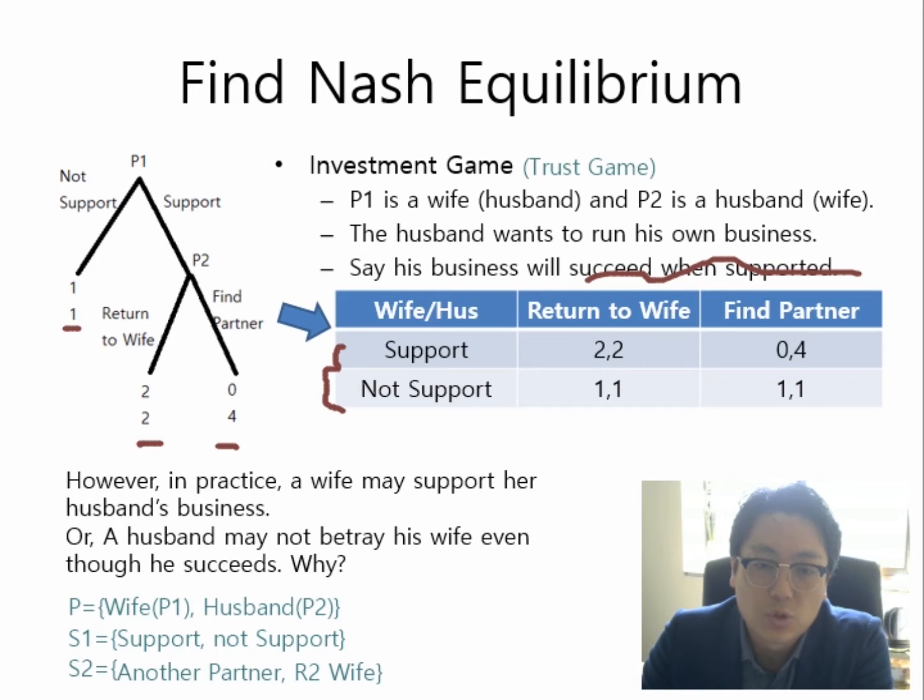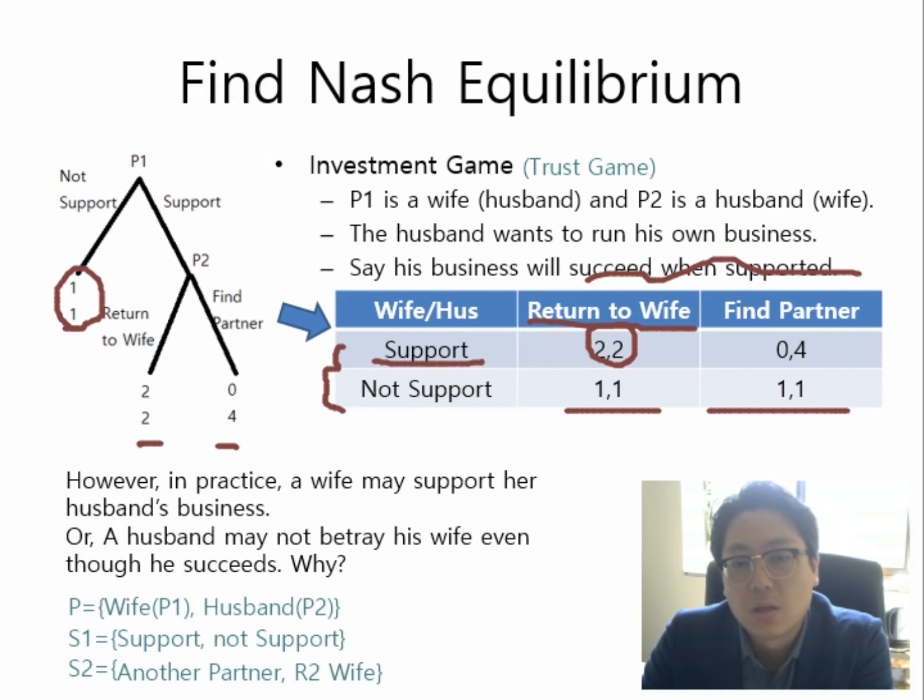If the wife chooses support and the husband returns to the wife, then they will get 2,2. If the wife chooses not to support, whatever strategy the husband chooses, they will get 1,1. And if the wife supports and the husband finds a new partner, then they will get this payoff.